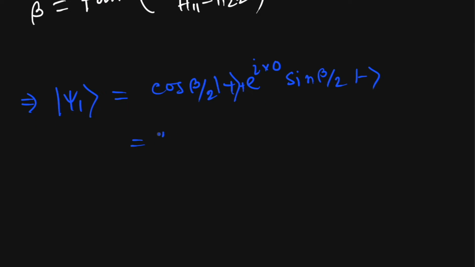That means one eigenvector will be cos(β/2)|1> plus sin(β/2)|2>, where β is this.